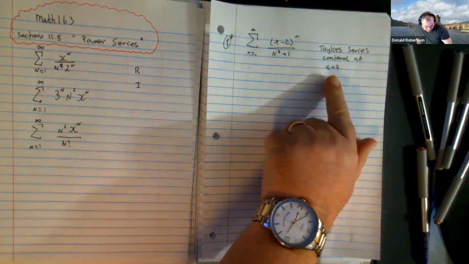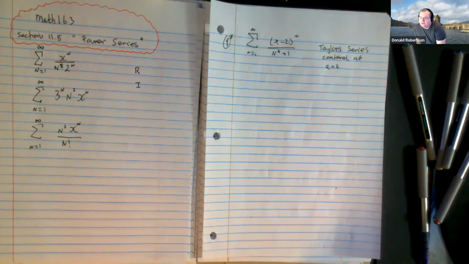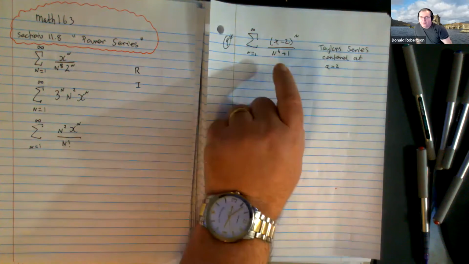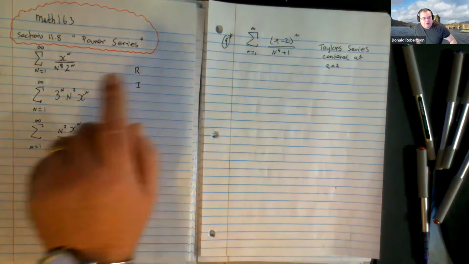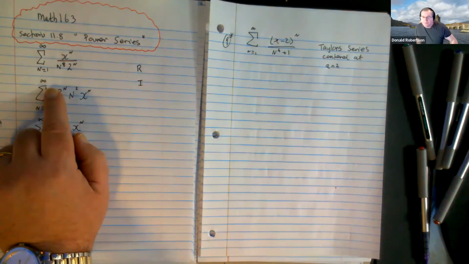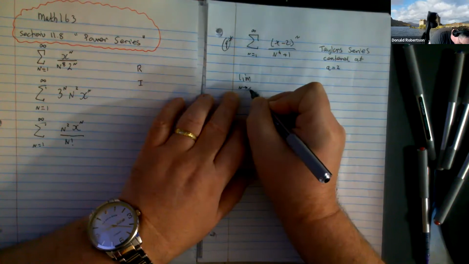Now, if you are centered at A equals 0, aren't you just a Maclaurin series? So Maclaurin series is just a special case. Now, a lot of the math that we're going to do here is going to be very, very similar to Maclaurin series. So I'm going to do ratio test.